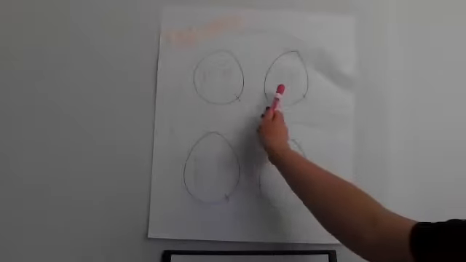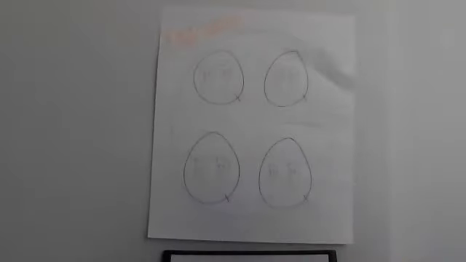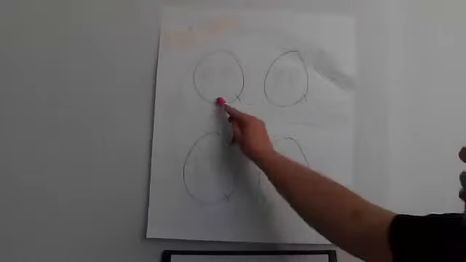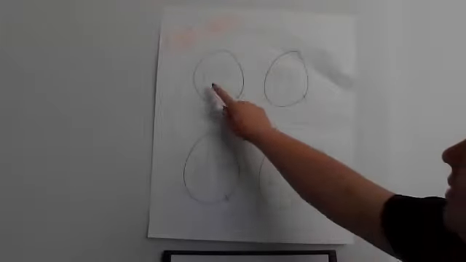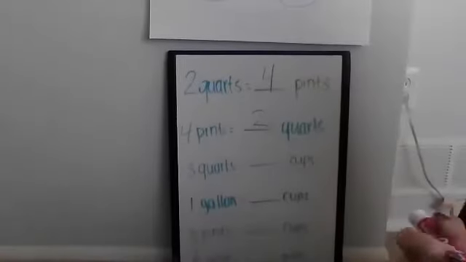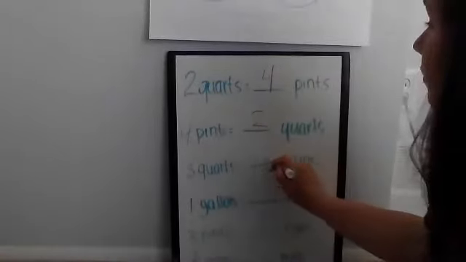So if I'm working with 3 quarts, and I want to know how many cups that is, I really need to think of it like 3 quarts times 4 cups, because there's 4 cups in each quart. So 3 times 4 would be 12 cups.